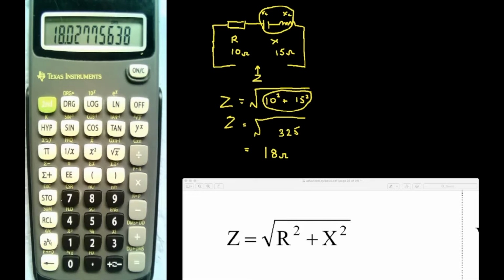Now XC and XL, because we assume that they are pure reactances, work absolutely in opposition to each other. So sometimes you see this formula written like this.